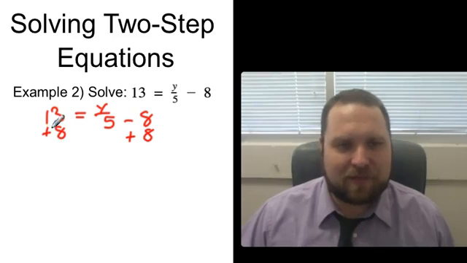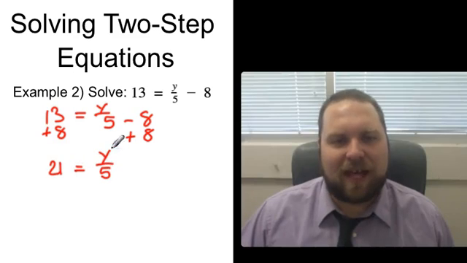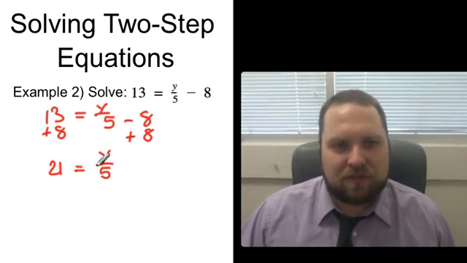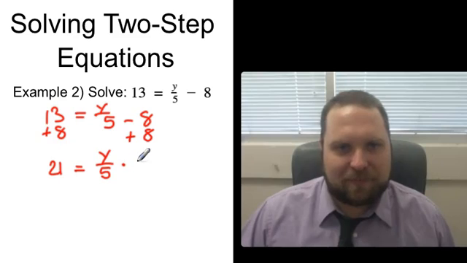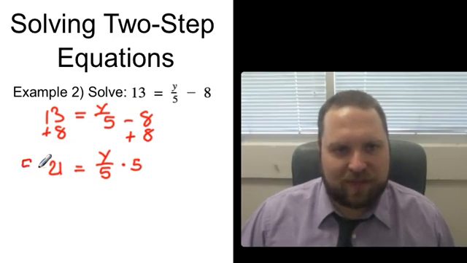And when I do that, I'm going to end up with 21 on this side, and over here, the 8's cancel each other out, and I just end up with y over 5. To undo the dividing by 5, I do the opposite, the inverse operation, which would be multiplying by 5.